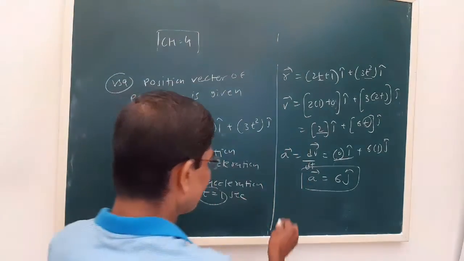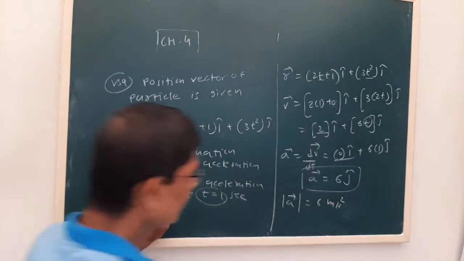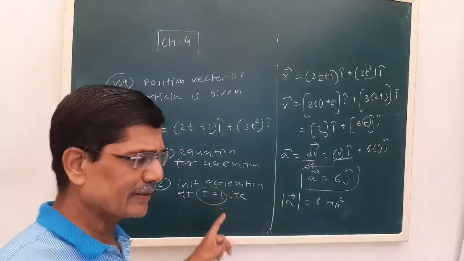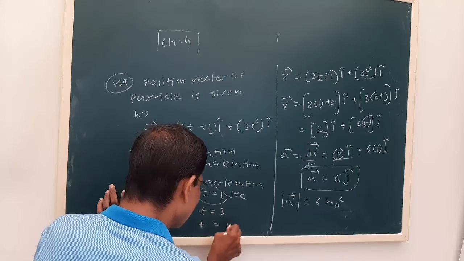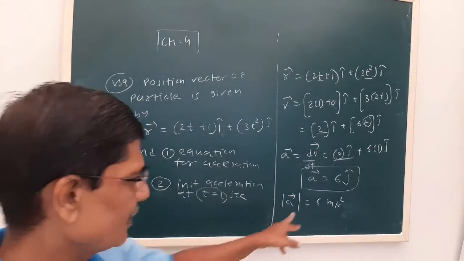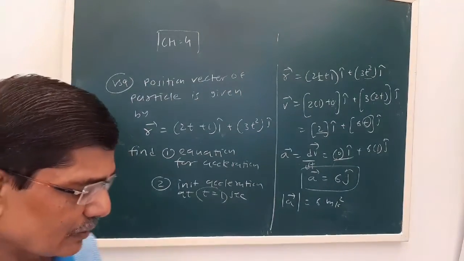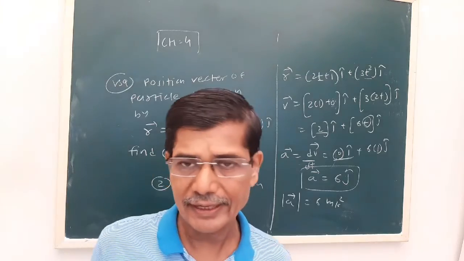So the magnitude of the acceleration is 6 meter per second square. What we can infer from this? Irrespective of the time, suppose it is asked t is equal to 3 seconds or t is equal to 10 seconds, whatever the time we are asked, acceleration is 6 meter per second square. So the particle moves with a constant acceleration.